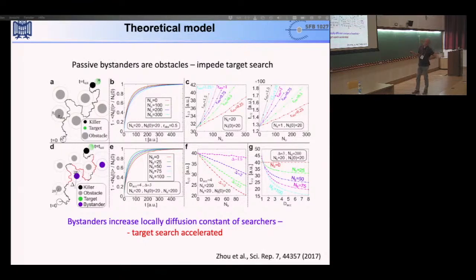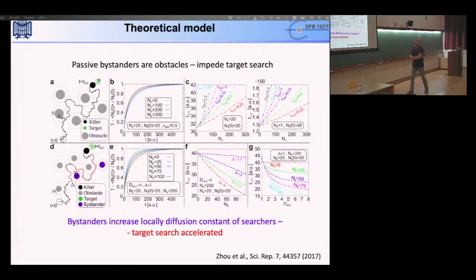So you can define a half time, when half of the targets have been removed, and then you see that the half time increases with the number of obstacles. This is what you would normally observe, what is not observed in the experiment.